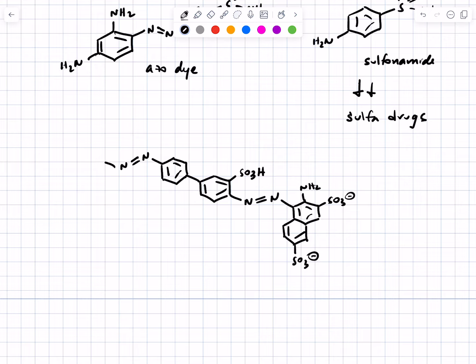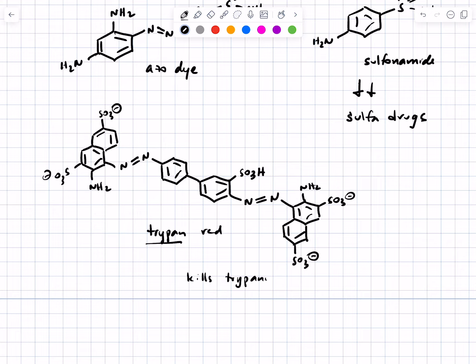And again, sorry for wasting your time drawing this structure, but it's interesting just how elaborate some of these things can be. So this is called trypan red, and it can kill trypanosome parasites, and those parasites are responsible, I think, for sleeping sickness.